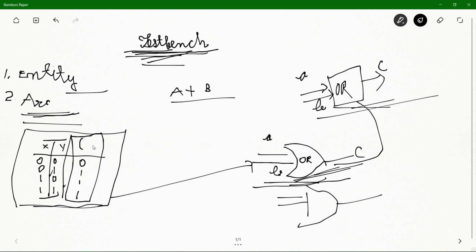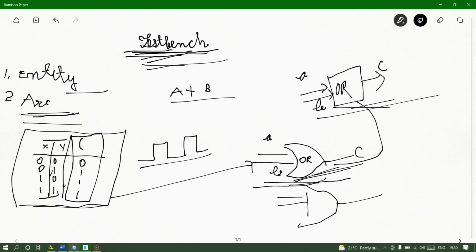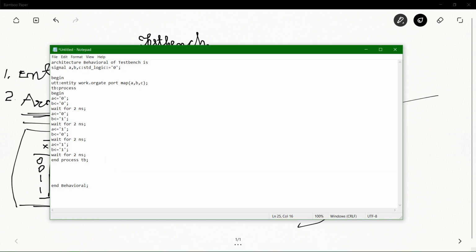My compiler will give C as an output in the form of a waveform, like this. My compiler will give me this sort of output in its result portion, right? After writing what? After writing the test bench. So let's check the syntax for writing my test bench. Guys, I have already written the test bench program for you to save your valuable time.